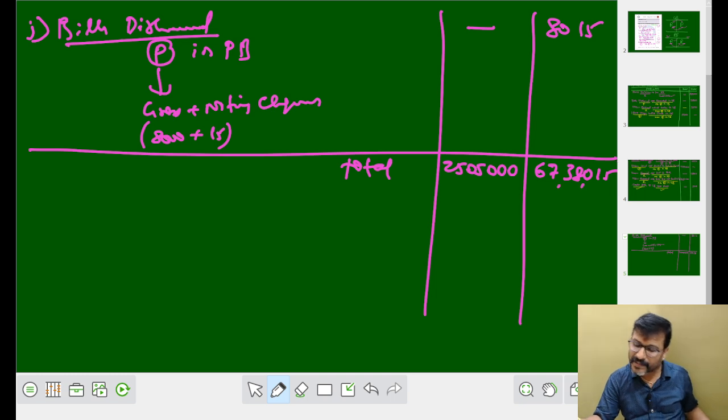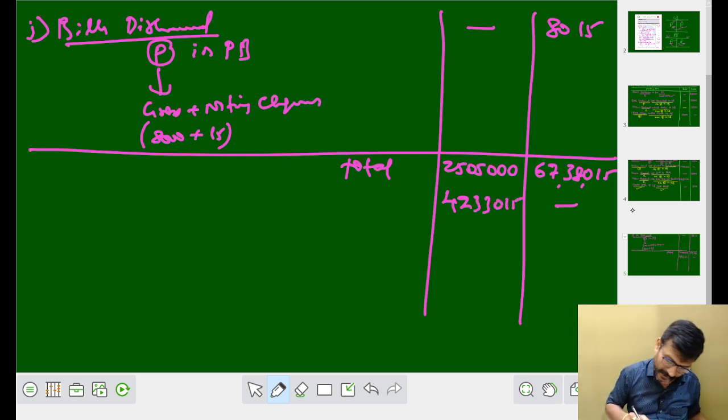It means 67 lakh 38,015. So what side is less? Debit side is less. So we have to write 42 lakh 33,015.